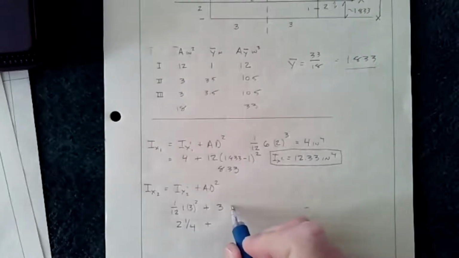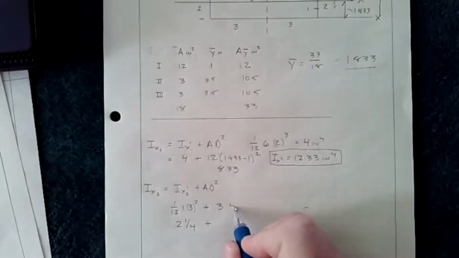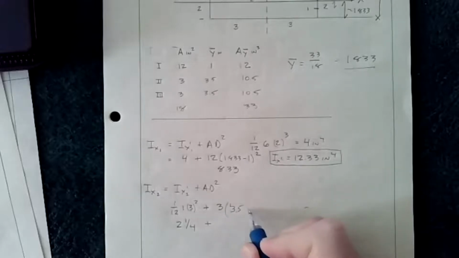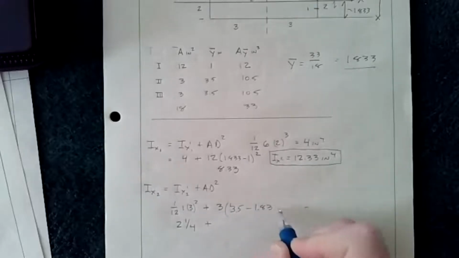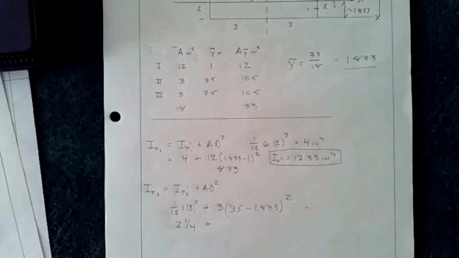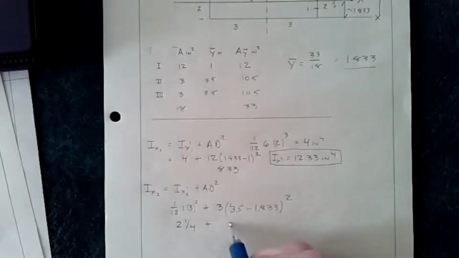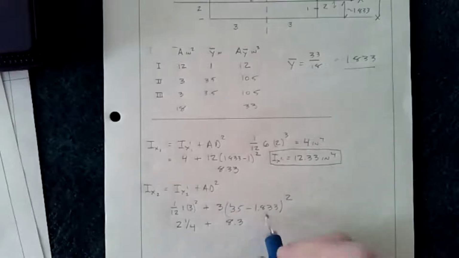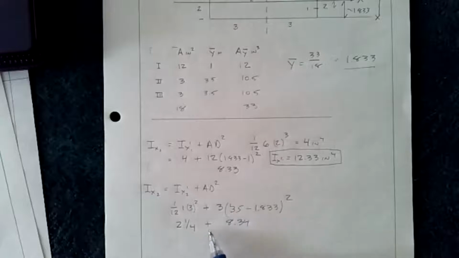So we have essentially 3.5 minus 1.833 squared. All right. And so that gives us a total of 8.34 roughly. So now we add that together, that's about 8.6, 10.6 roughly.